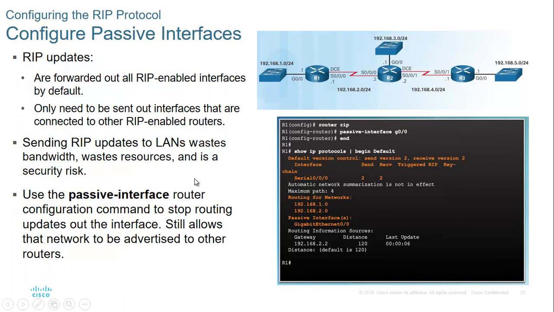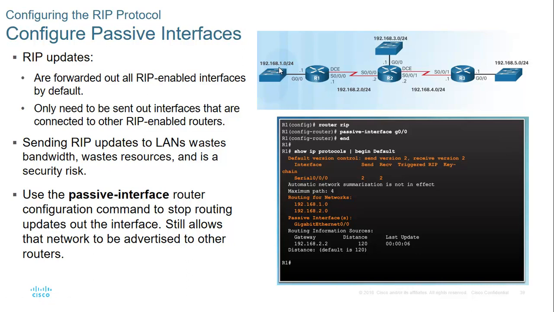Another thing in version 2 here is the passive interface. Now remember, a router will send advertisements out of all its interfaces every 30 seconds. So this is a switch. It doesn't need to know about routing. Why does this switch need advertisements?